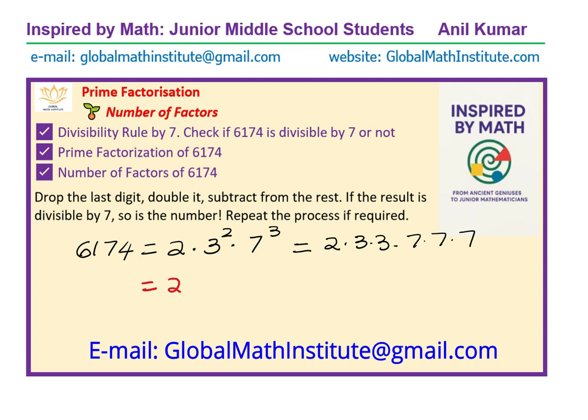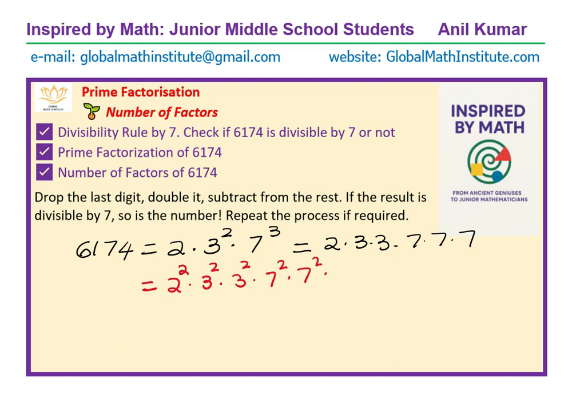So if I square, I get 2 square, 3 square, another 3 square, and then 7 square, 7 square, 7 square, right? So 2 square is 4, 3 square is 9, 7 square is 49. Let's add these numbers and see what they give us: 4 plus 9 plus 9 plus 49 plus 49 plus 49.